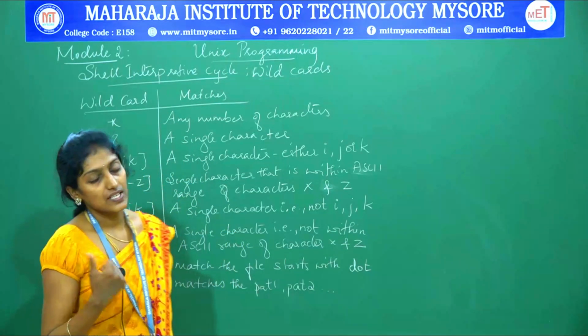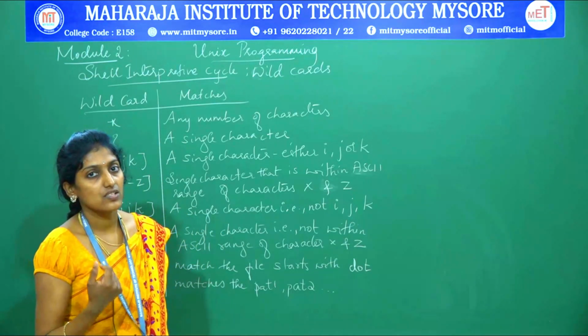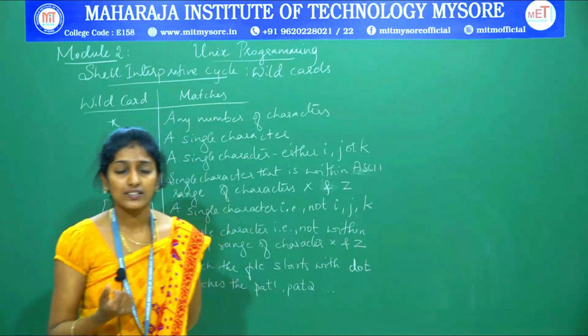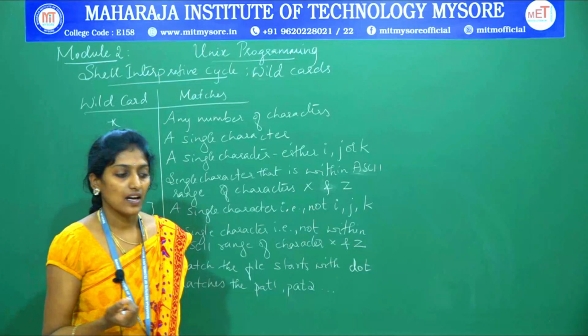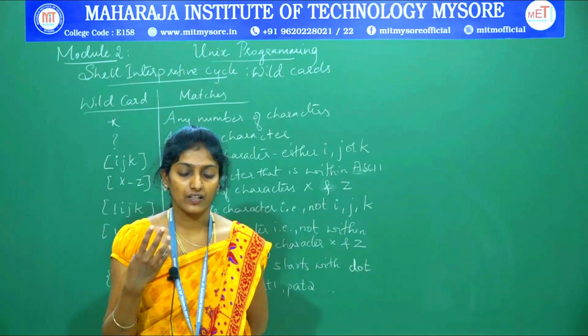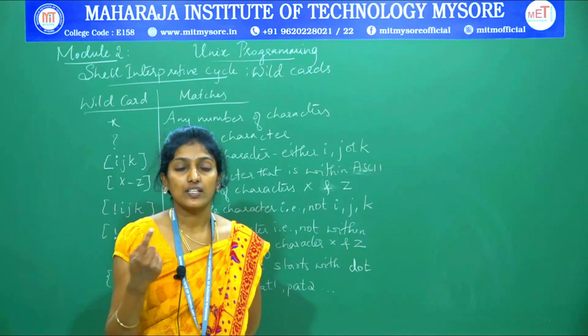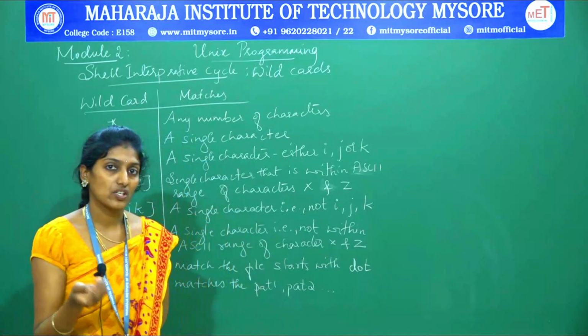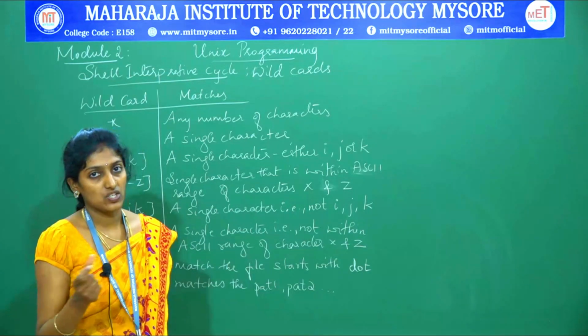And also in the previous session, we had discussed one more concept, that is wildcards in the shell interpretive cycle. So what does this wildcard do here? If I consider a command, and in the command I have any special characters, how do I interpret or evaluate that special character?